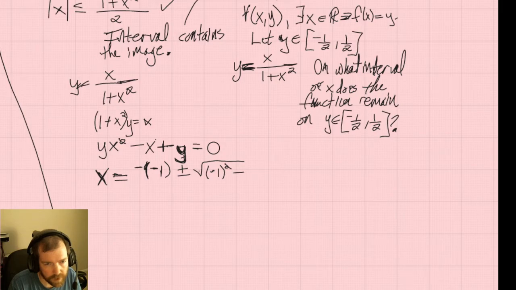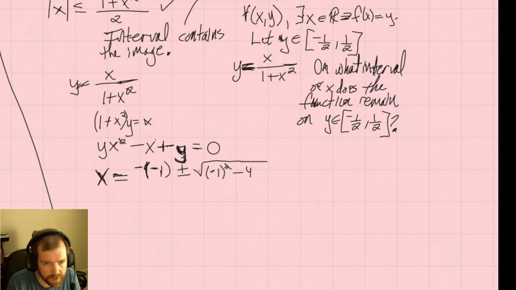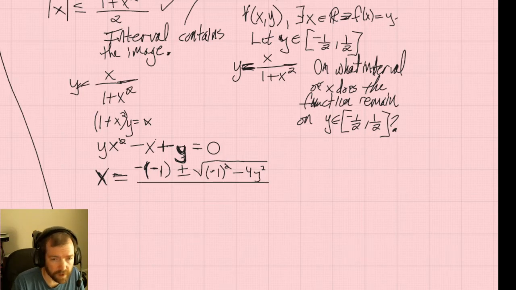Negative 1 squared minus 4 times A times C. A and C are both y, so this is going to end up being y squared, over 2 times A, which is y.